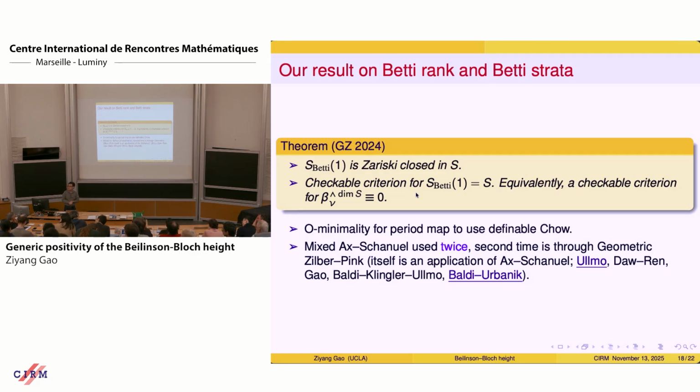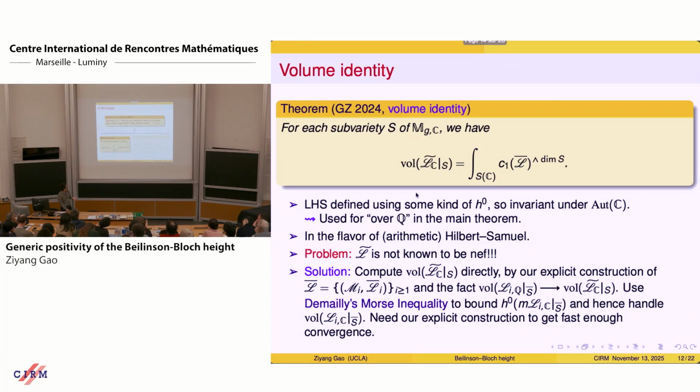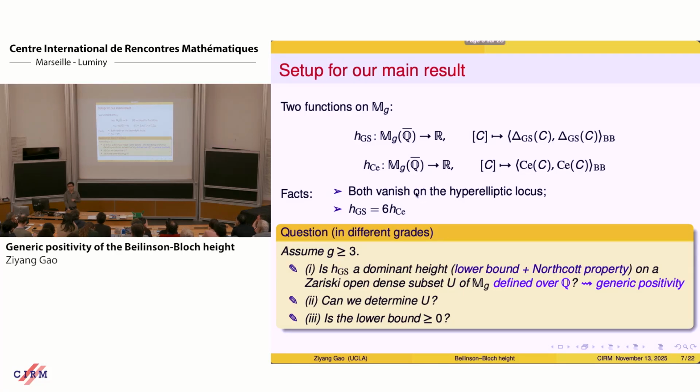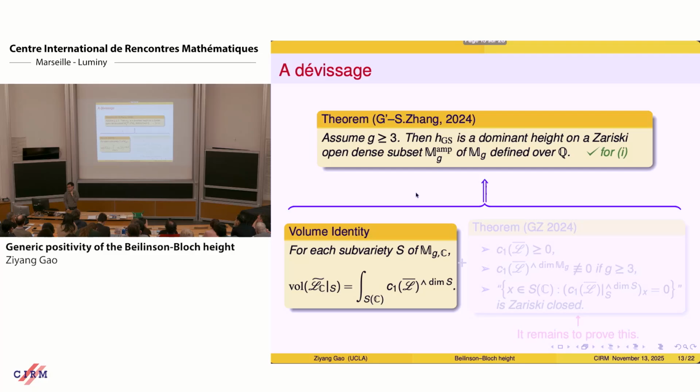I didn't understand why you emphasized that it be defined over Q as opposed to over a number field. Well, it's more the nature of this question. The problem is, even if you want to prove that it's defined over Q bar, it's very hard. So a priori, if you just look at the Betti stratum, there's no reason it's defined over Q bar.